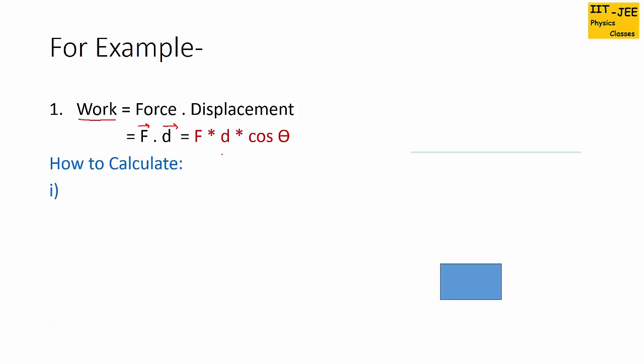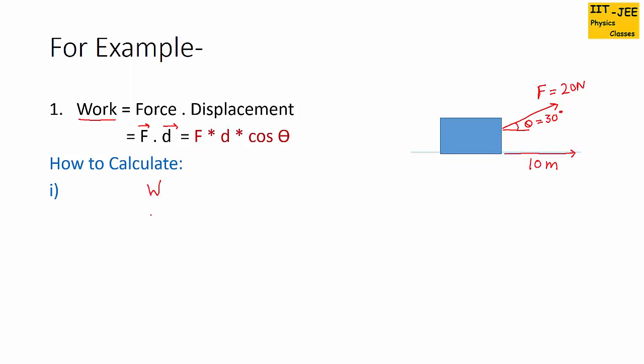So suppose there is a box and it is pulled by a force F which equals 20 Newton, and the force is applied at an angle theta which is 30 degrees from the horizontal, and then this box is displaced 10 meters. So we have to find the work done by this force. Work would equal force times displacement times cos theta.